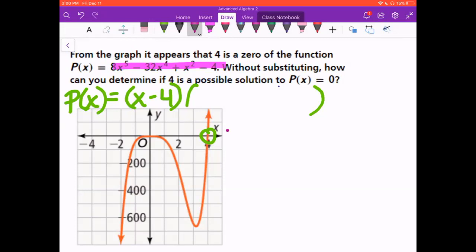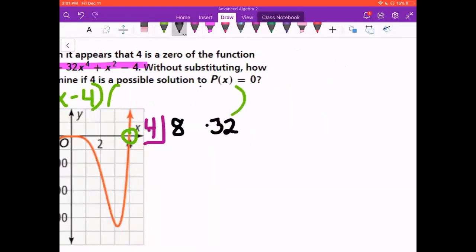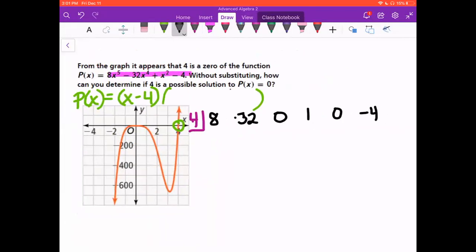The coefficients of p of x are 8 for x to the 5th, negative 32 for x to the 4th. There is no x cubed, so I need a 0 placeholder. There is 1 x squared. There are 0 x's and a -4. And I'll zoom out so we can see everything.